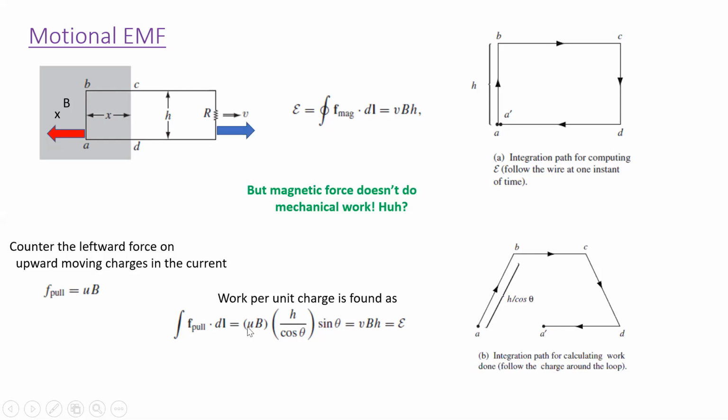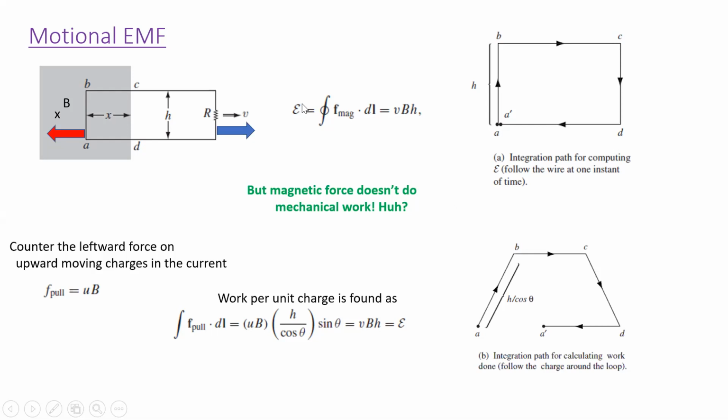Excuse me. So we get UBH times the tangent of theta, and then this vertical velocity times the tangent of theta gives us the horizontal velocity V. So we get VBH, which is equal to what we calculated as the EMF.